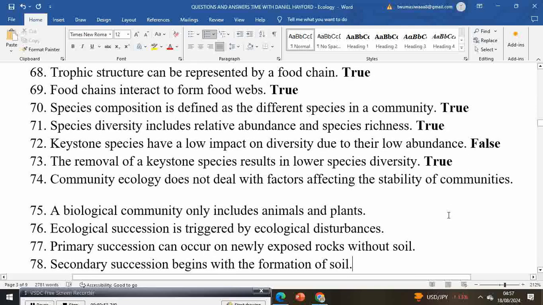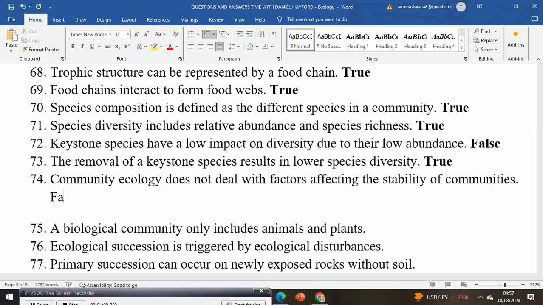Now, question number 74. Community ecology does not deal with factors affecting the stability of communities. This one is false. And so the reverse is true. Community ecology deals with factors affecting the stability of communities.